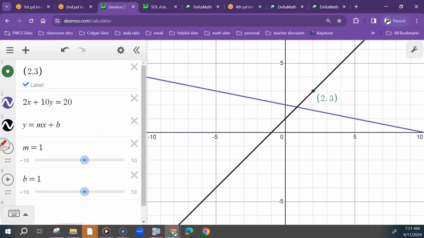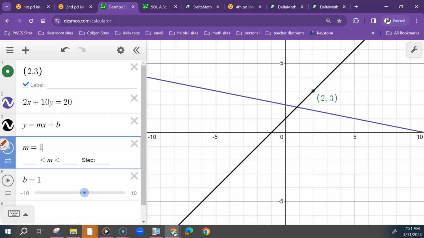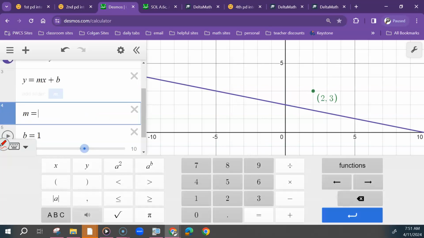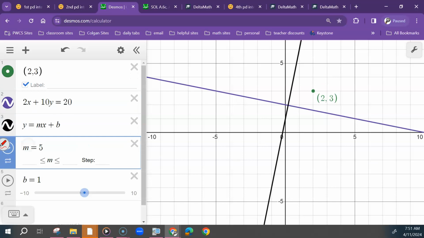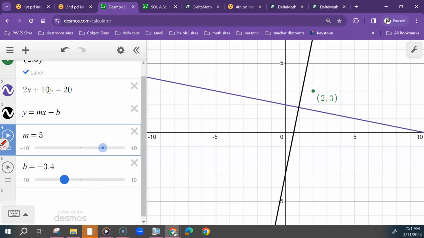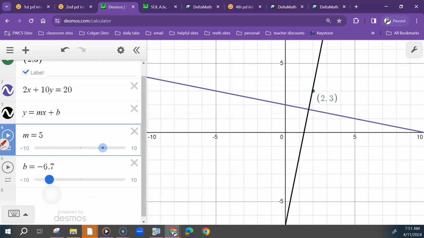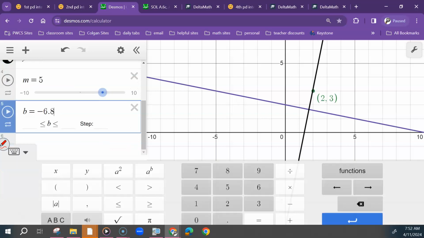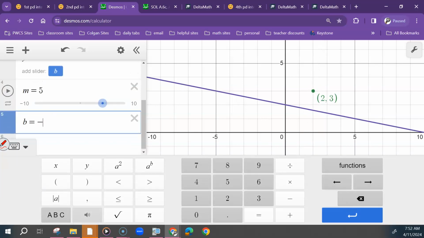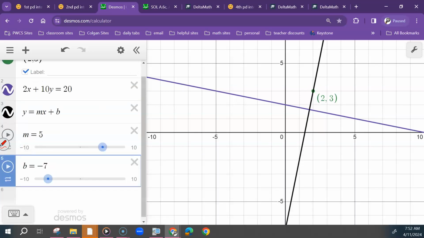Change my m value to be, it was -1/5, so I want it to be a positive 5/1, or just 5. And then I'm going to move b until it goes through that point. So then my equation would be y equals 5x minus 7.